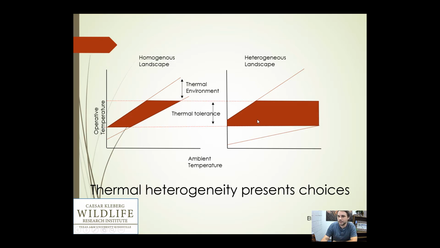However, if we increase thermal heterogeneity and we increase the thermal options within this landscape, what we can see is that the available space for an organism is now vastly increased. So this is just kind of a theoretical explanation of how heterogeneity can increase choices for organisms.